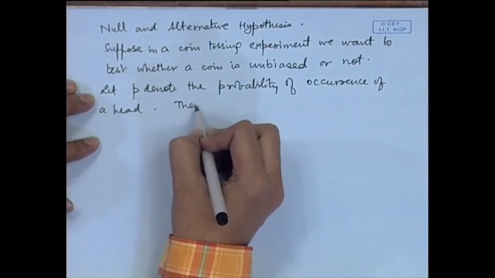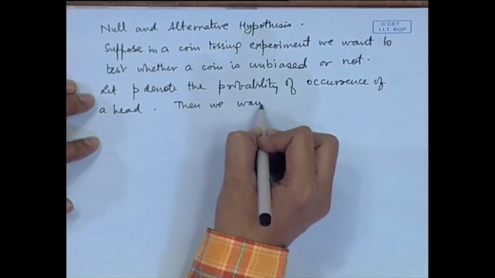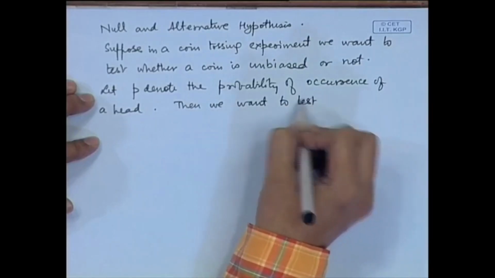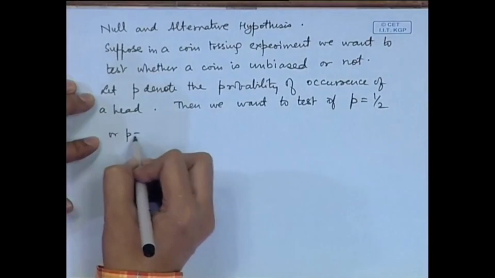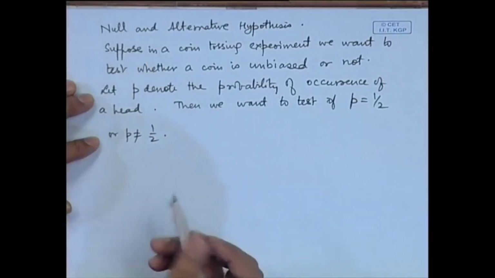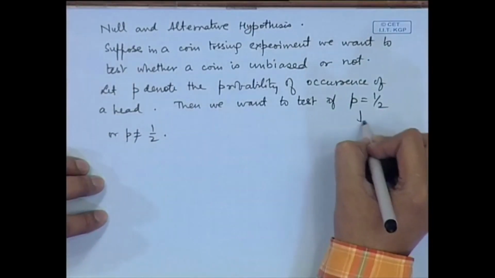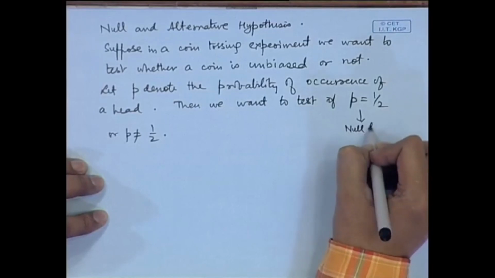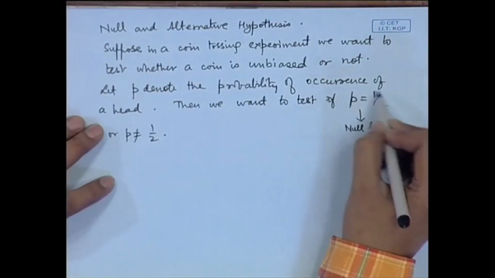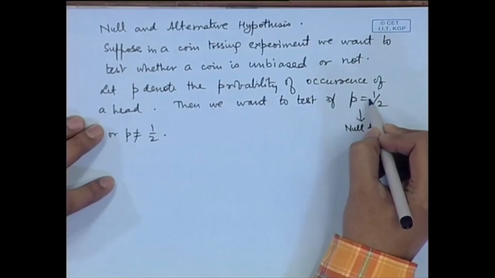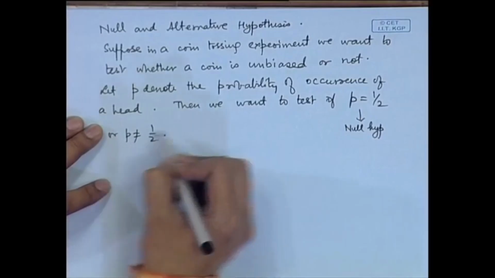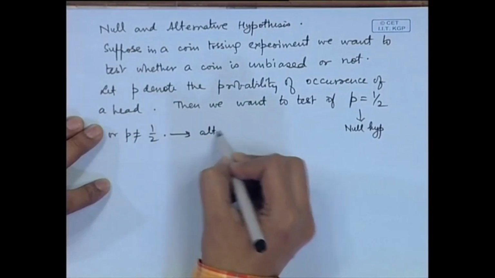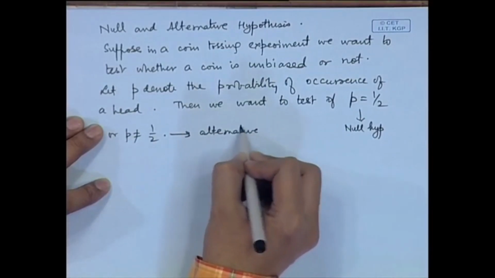Then we want to test if p is equal to half or p is not equal to half. So, then we can call this hypothesis the null hypothesis. That means, if it is unbiased, then p is equal to half. If we reject this hypothesis, then we will say it is not unbiased. So, this will be called the alternative hypothesis.